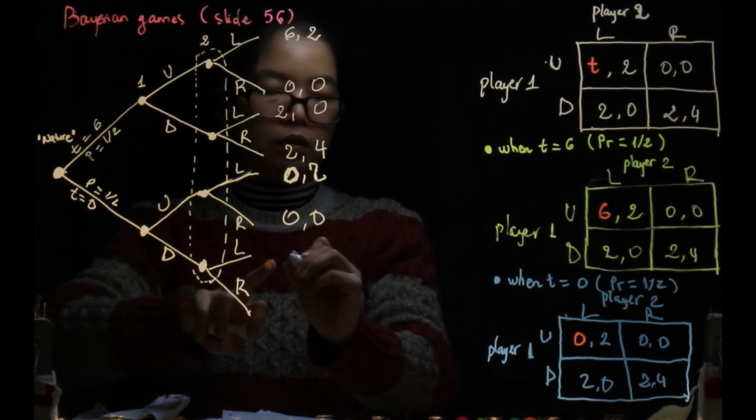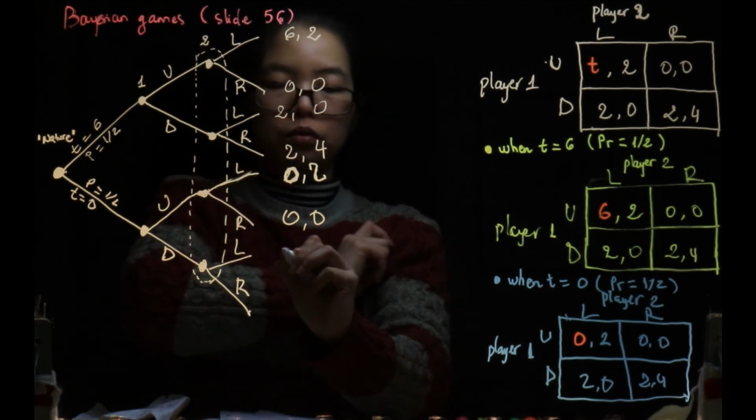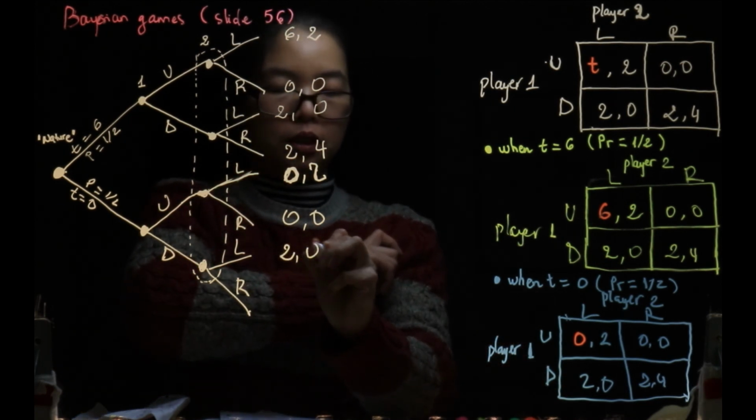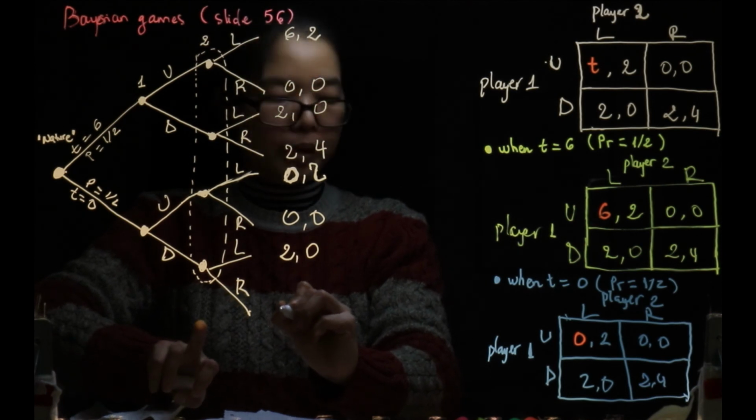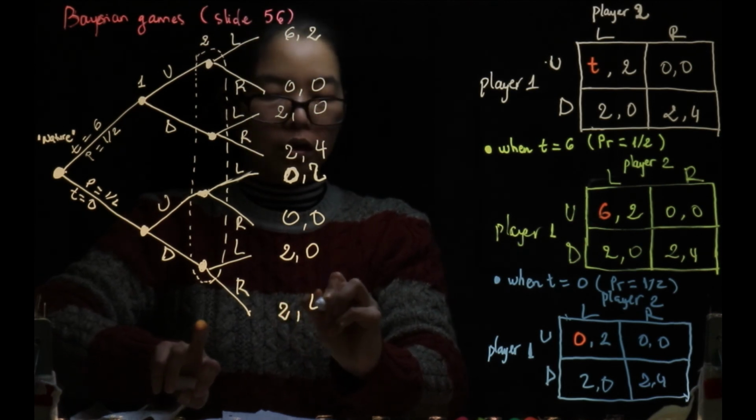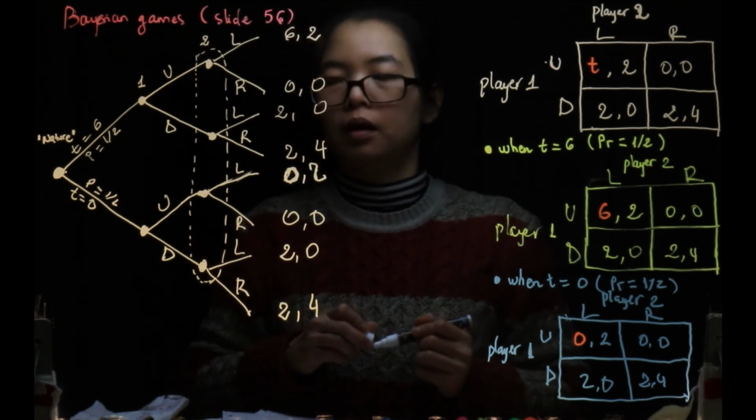Down, left, 2, 0. And then down, right, the remaining one, is 2, 4.